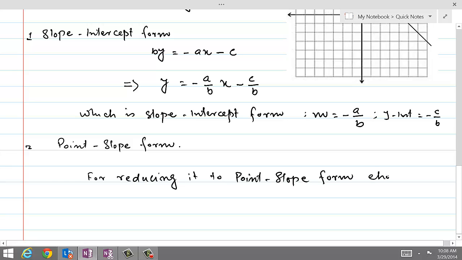Choose a point on the line where y is equal to 0.